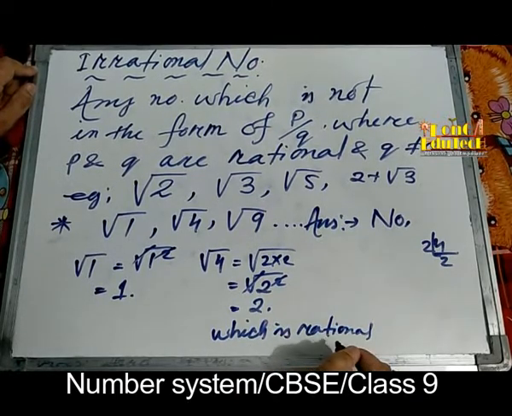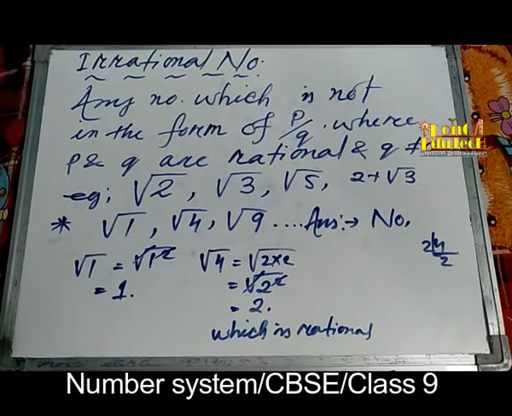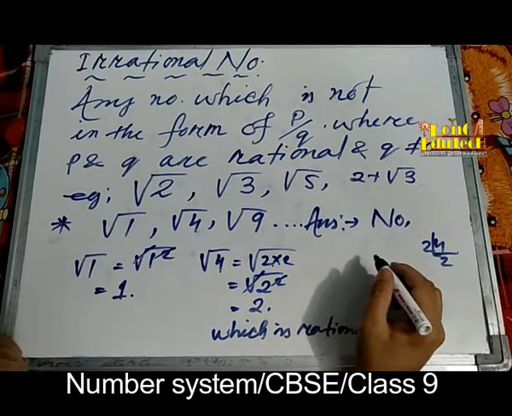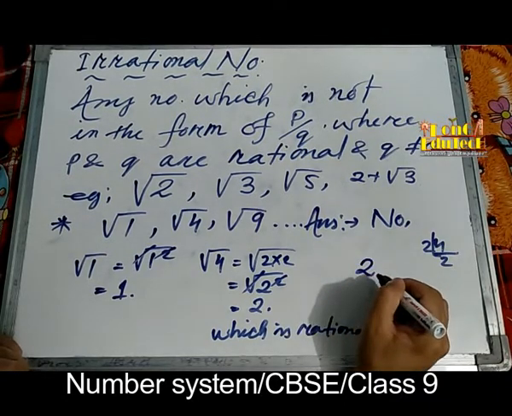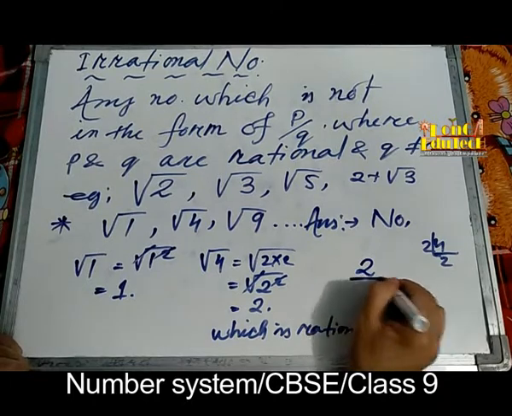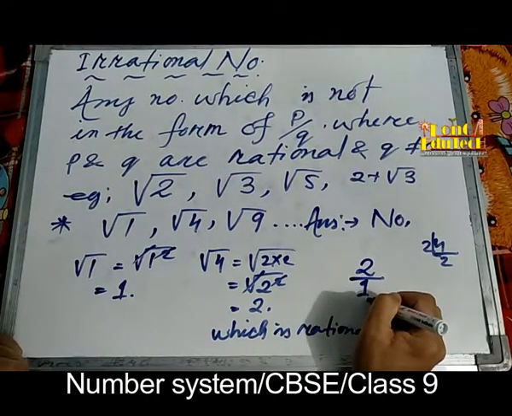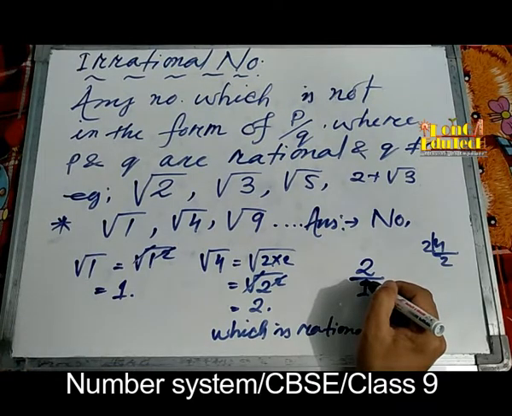Here again you may get a doubt about this one. Why is 2 rational? You may be confused that 2 is not in the form of p by q. Of course, it is in the form of p by q, because any natural number, or any whole number, is a rational number.